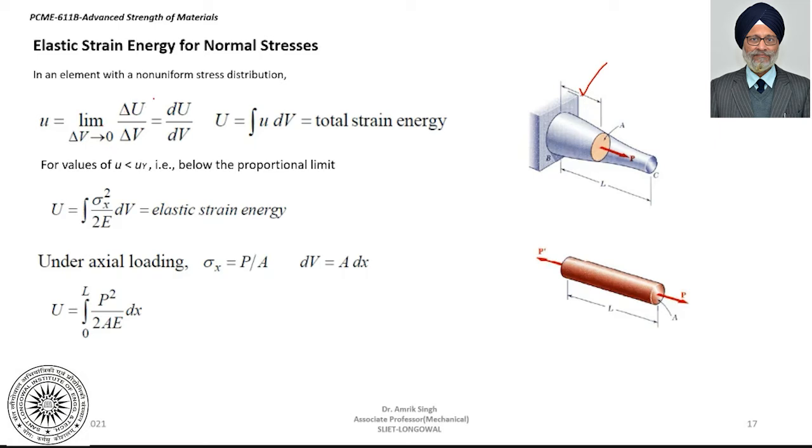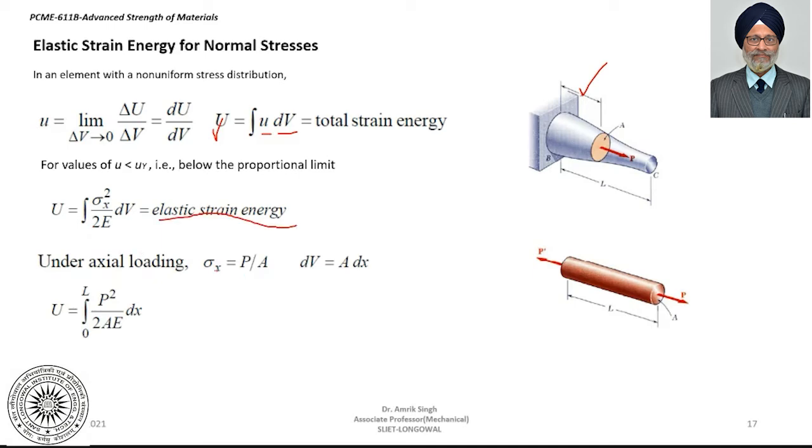This is by the definition of the strain energy. So total strain energy will be equal to the integral of U into dV, that is the small element. So U is equal to sigma x square upon 2E into dV. That is the elastic strain energy.